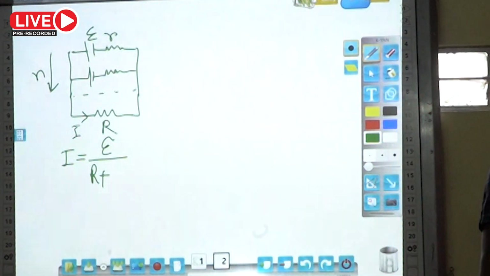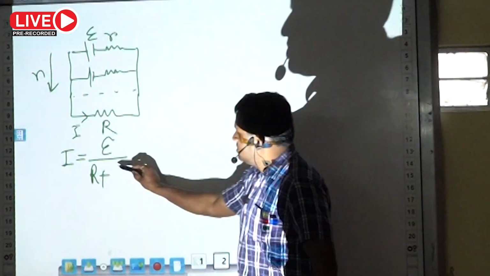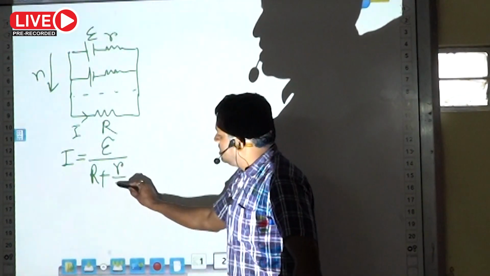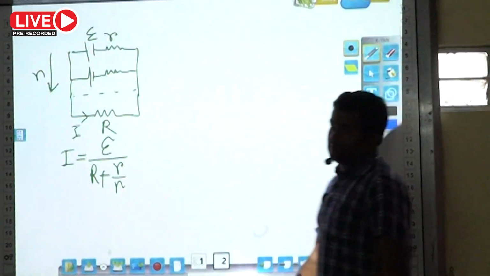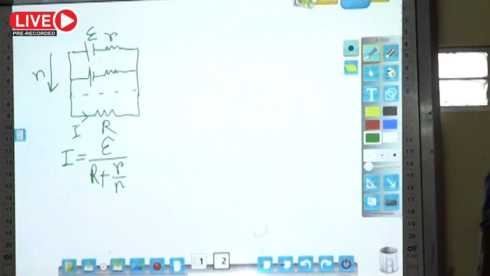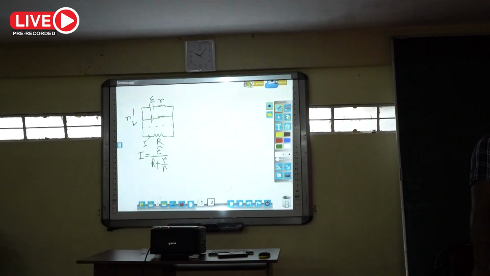So that r by n is in series with the external resistor. So E divided by capital R plus small r by n. That is the expression for current.